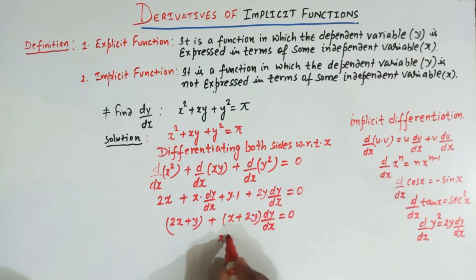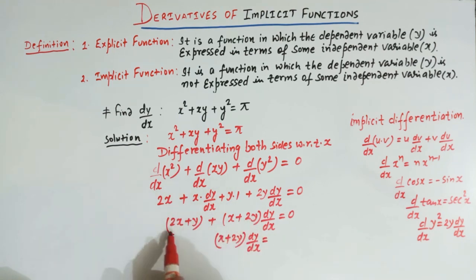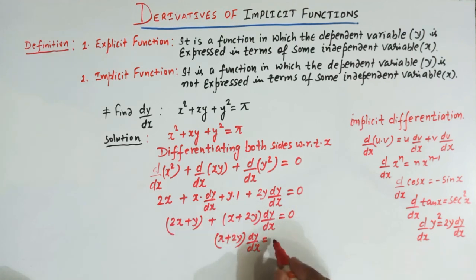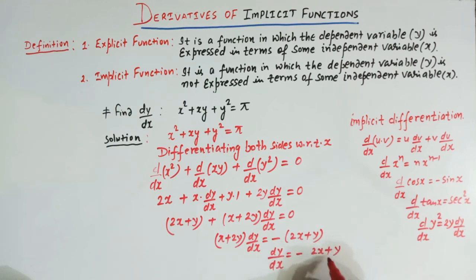Now x plus 2y times dy over dx is equal to, taking this term to the right hand side, minus of 2x plus y. So the final expression for dy by dx is equal to minus 2x plus y divided by x plus 2y, right?